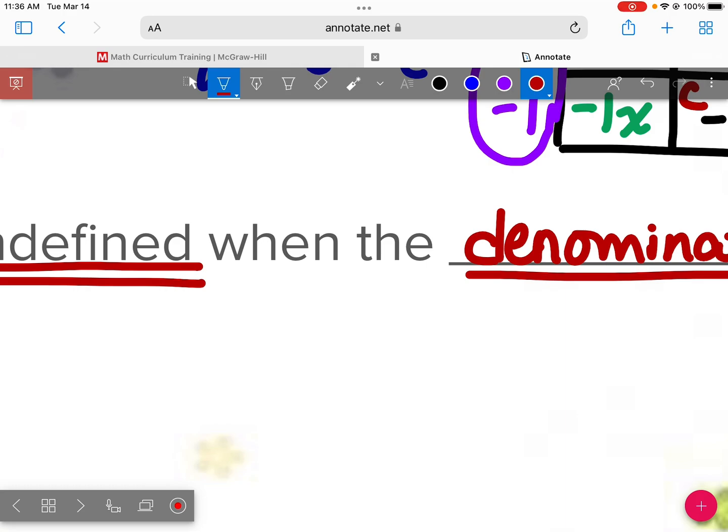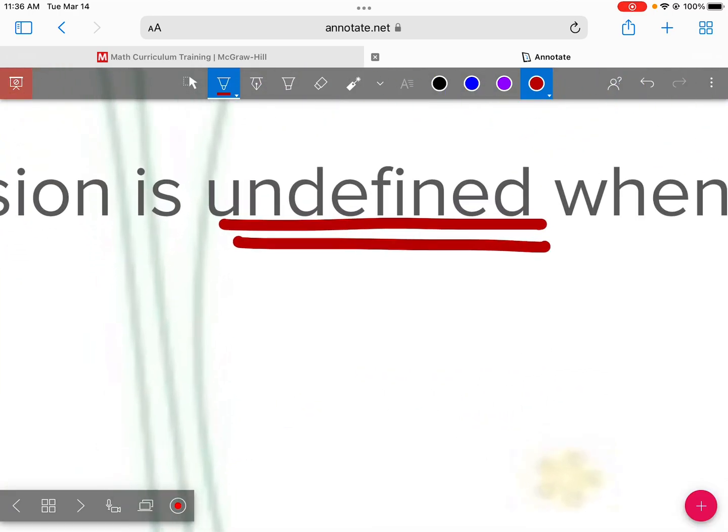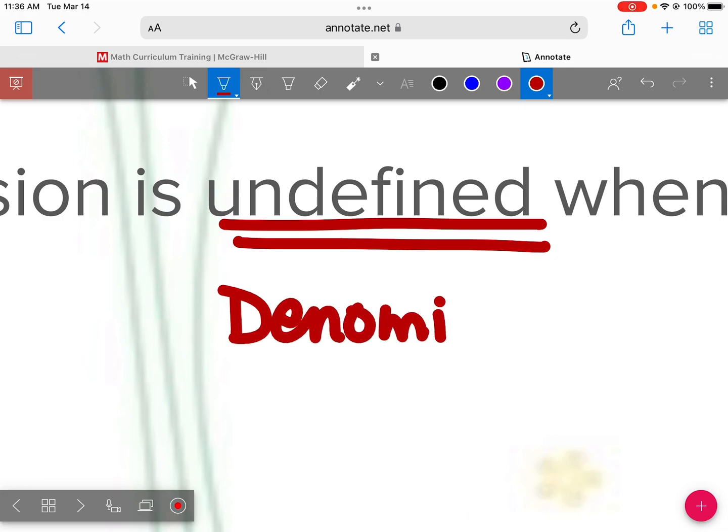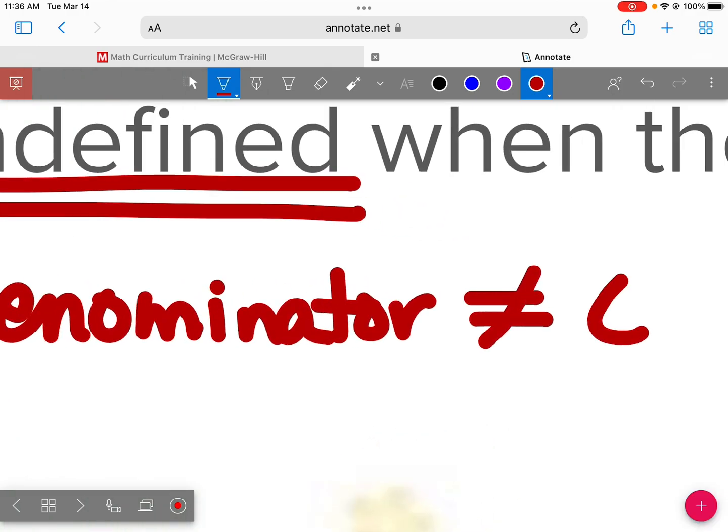When the denominator is equal to 0, my rational expression is undefined. Another way of saying that is that the denominator cannot equal 0. We don't want it to be undefined.